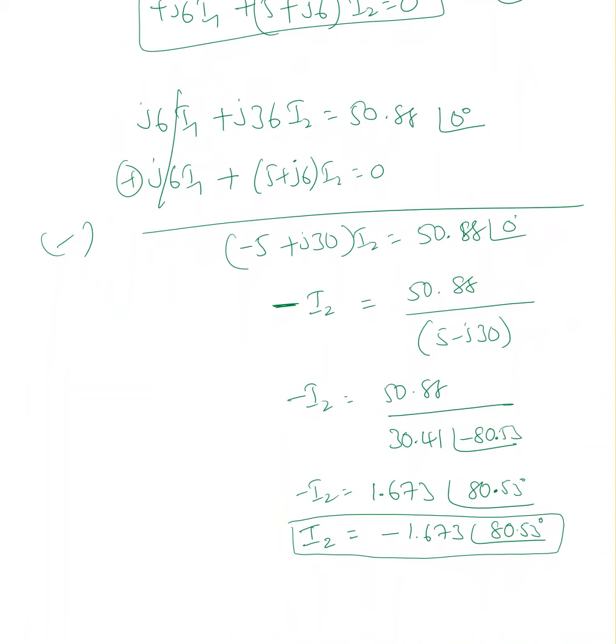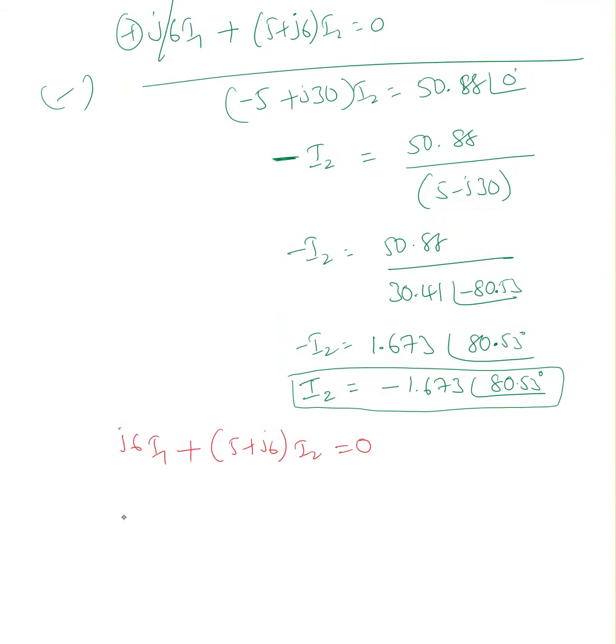In the second equation, I have J6 I1 plus 5 plus J6 I2 equal to 0. So J6 I1 plus 5 plus J6 times negative 1.673 at an angle of 80.53 equal to 0.